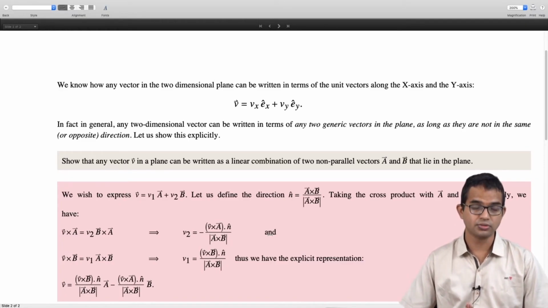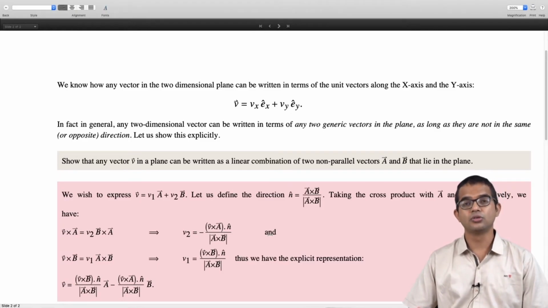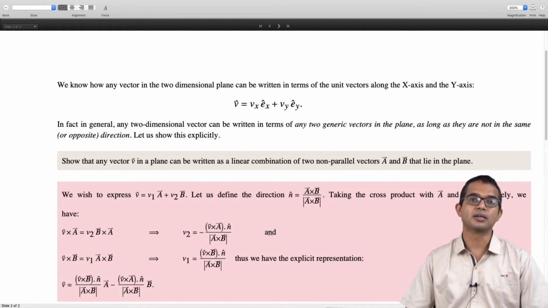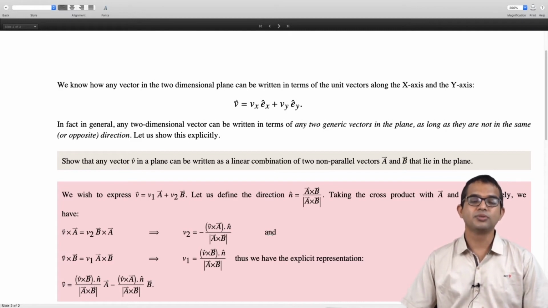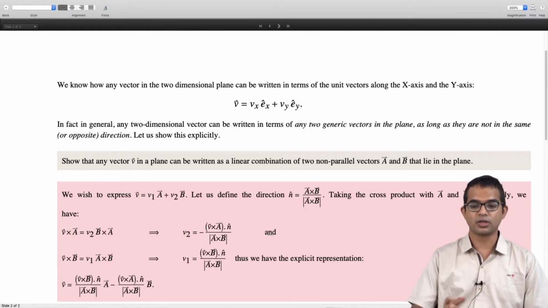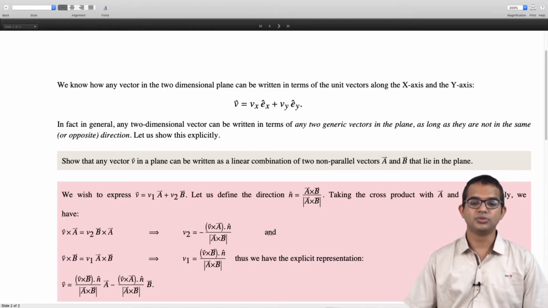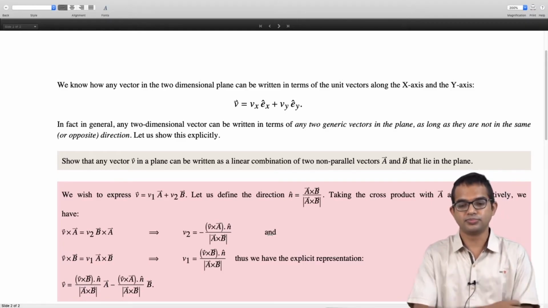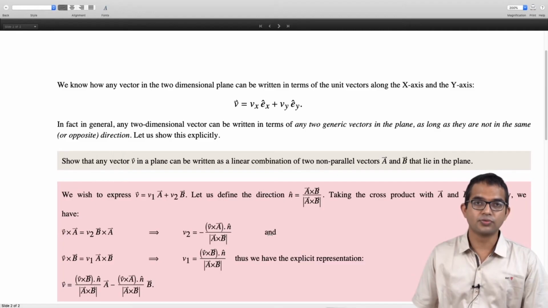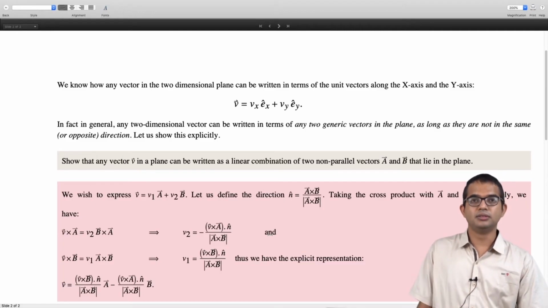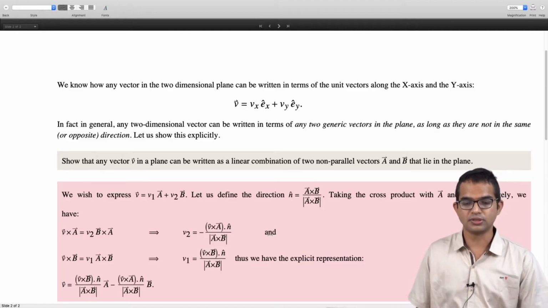It's not going to be zero, and it's going to represent the direction perpendicular to the plane. None of what I'm saying right now is going to be surprising, but I'm putting it in a form which is kind of abstract and which will open up ways for us to make more general statements for linear vector spaces.